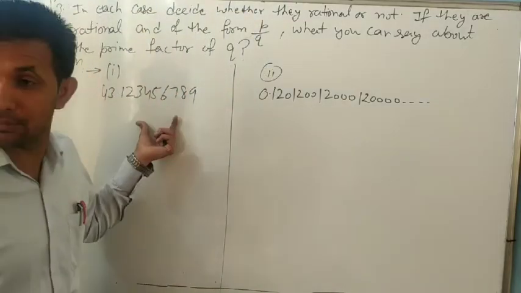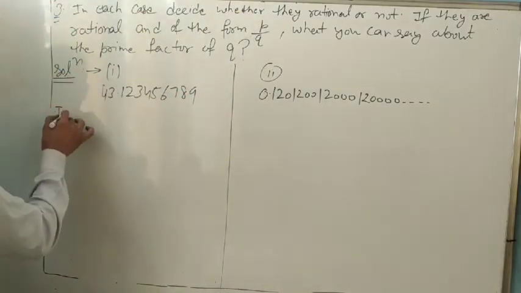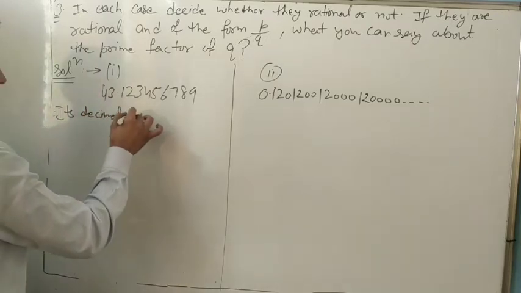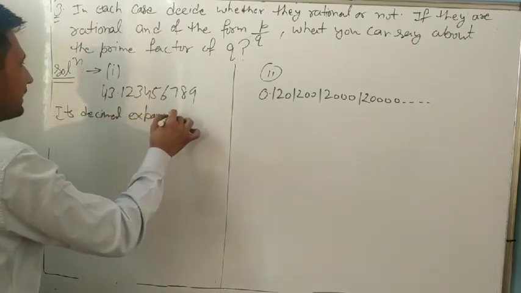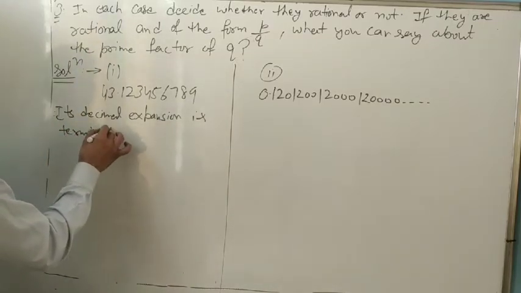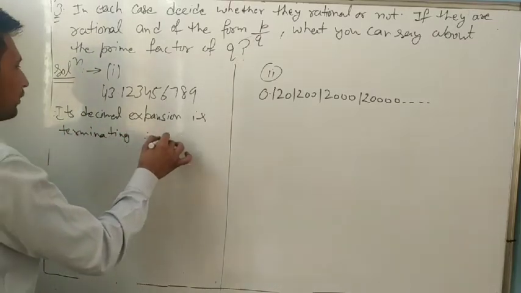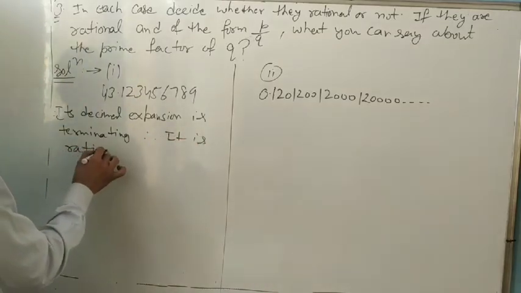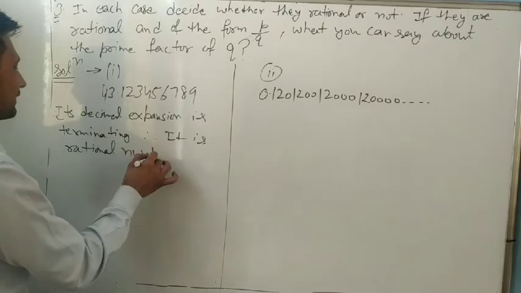But this is terminating, so you write: its decimal expansion is terminating. Therefore, it is a rational number.